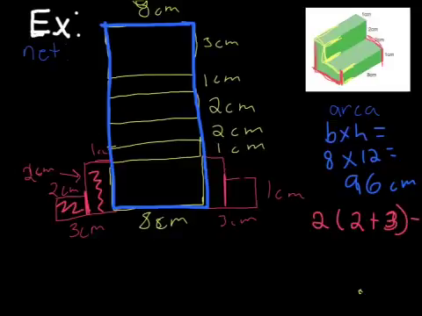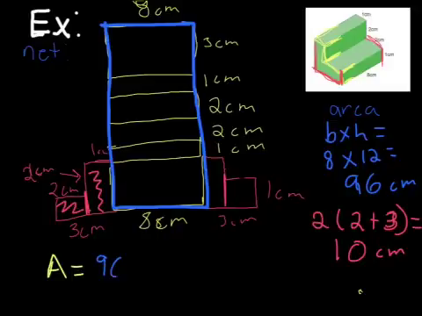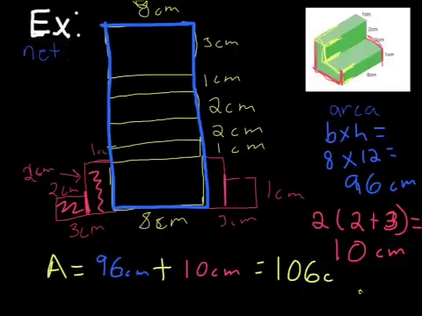So the area of our red L's would be 10 centimeters, making our area of the net equal the blue rectangle, which is 96 centimeters, plus the red rectangles, which equals 10 centimeters, equaling a total of 106 centimeters.